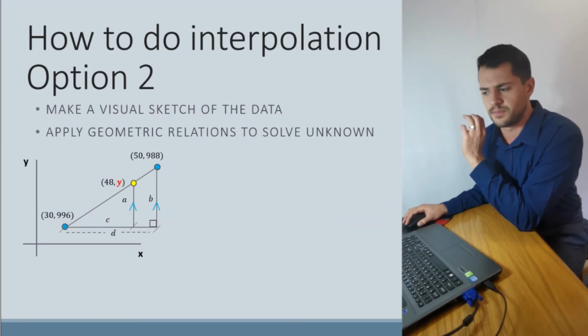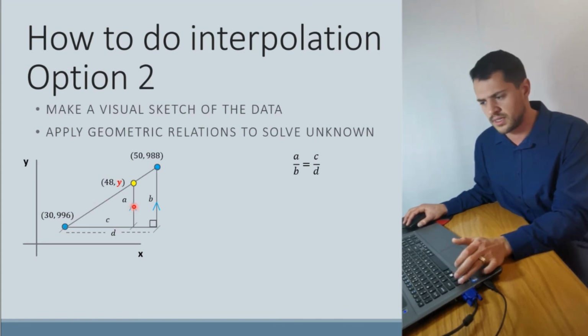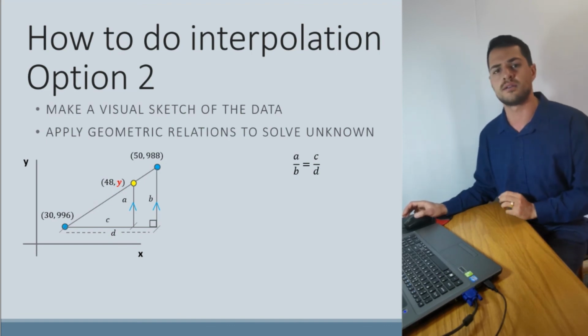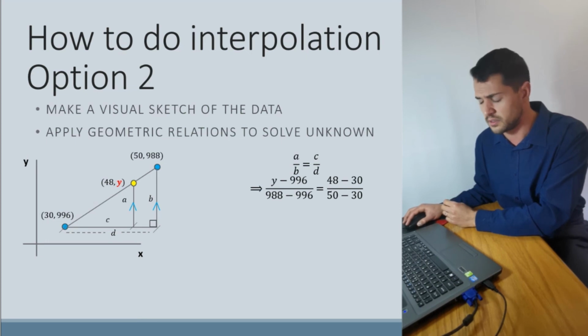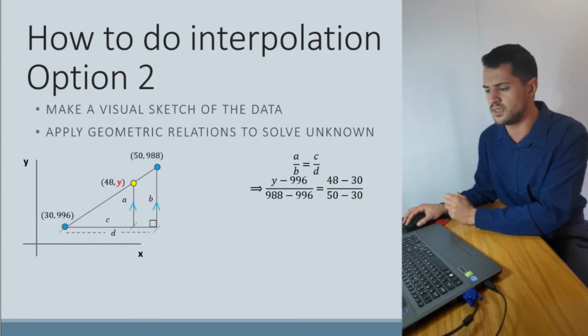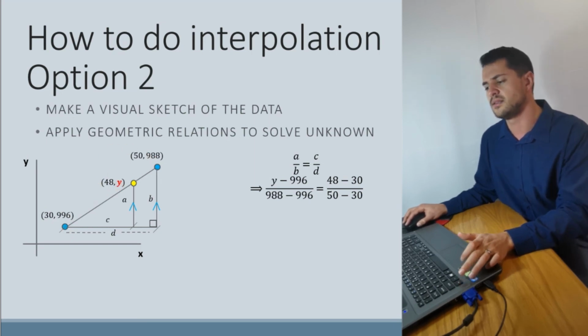Now we can set up a simple equation: a divided by b is equal to c divided by d. We can say this because these are two triangles with proportional angles. Then we substitute in our specific values: y minus 996 divided by 988 minus 996 equals 48 minus 30 divided by 50 minus 30. All I'm doing, guys, is substituting the data points that we have.